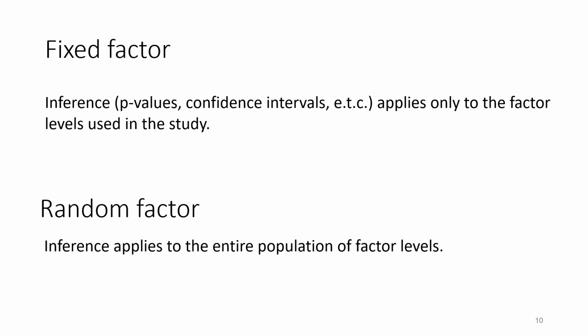Second, consider a simple linear regression with one single quantitative factor. That factor is fixed because, as you know by now, all quantitative factors are fixed. Nevertheless, the inference applies not only to the levels of predictor observed in the dataset, but to the entire population from which the sample is drawn.